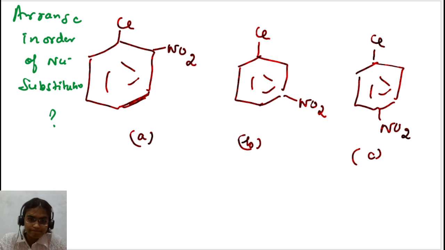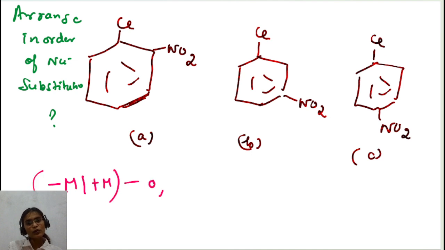CAB. Okay. CBA. CAB. Okay. So remember one point we discussed already so many times, that if we are checking for the plus M or minus M effect, it is ortho and para-directing.